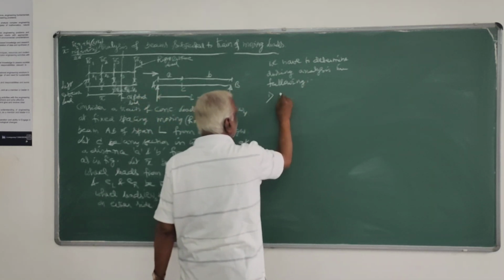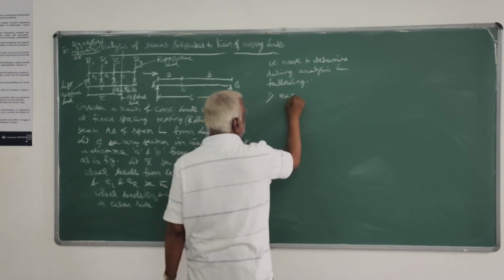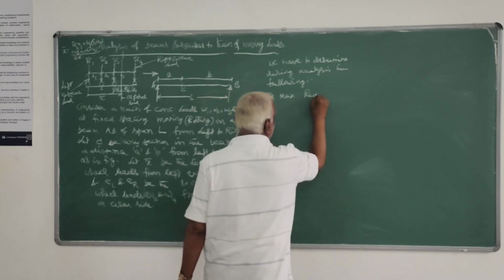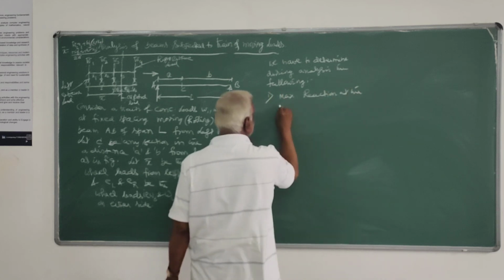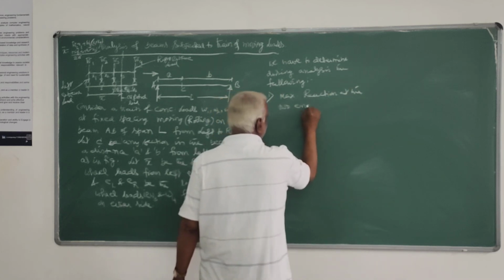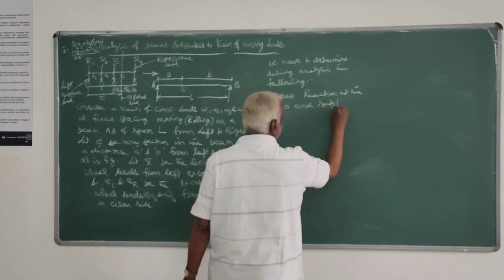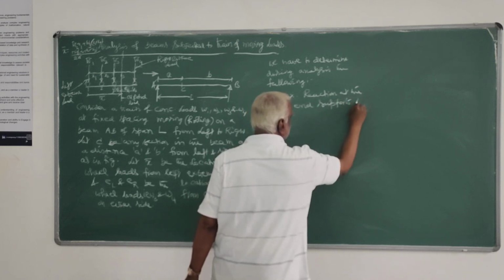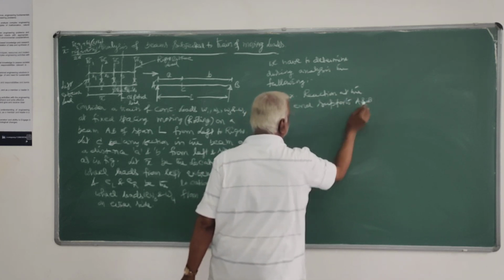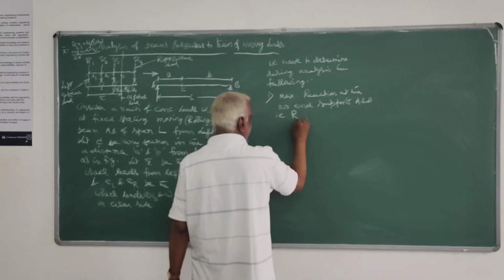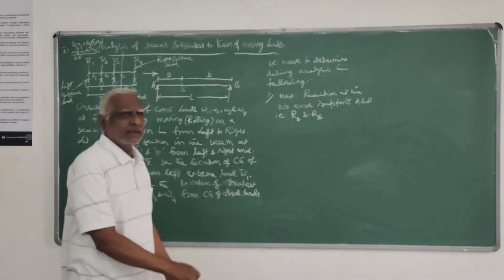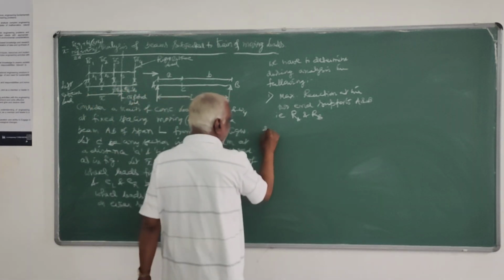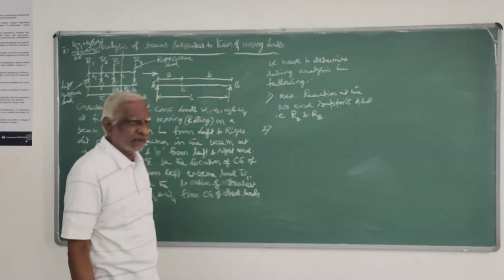The first one, maximum reaction at the two end supports A and B, that is maximum RA and RB. You have to determine that. The first thing during analysis you have to determine.